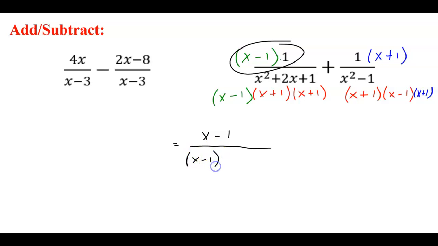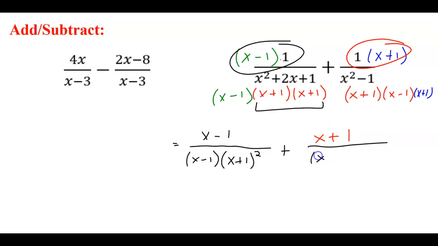And I'm going to go ahead and simplify. x plus 1 times x plus 1 is just x plus 1 squared. That just makes it a little bit easier or shorter to write. Plus, and then 1 times x plus 1 is just x plus 1 over the common denominator of x minus 1 times x plus 1 squared.